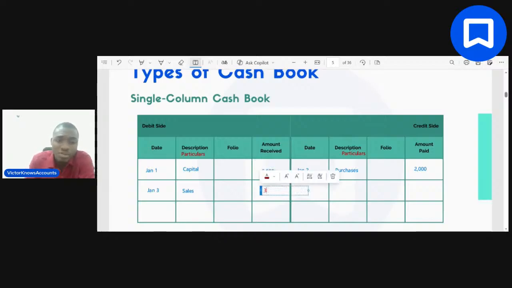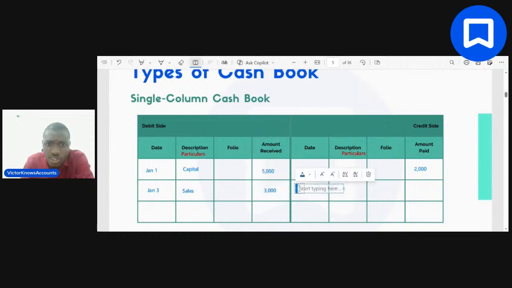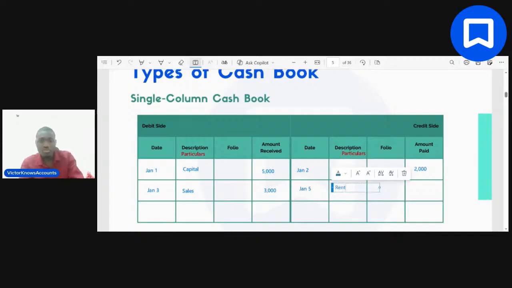Let's assume that the amount was 3,000. You are receiving money. So let's say on January 5th, you paid rent. Cash is given, so you have to credit it. So you say rent, let's say that was 1,000 naira.